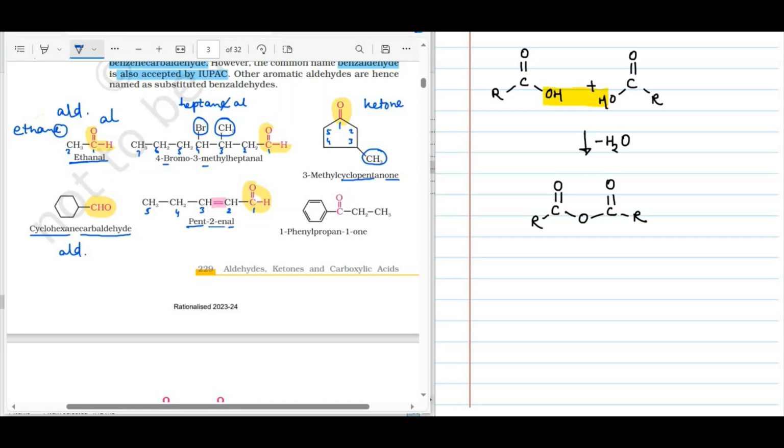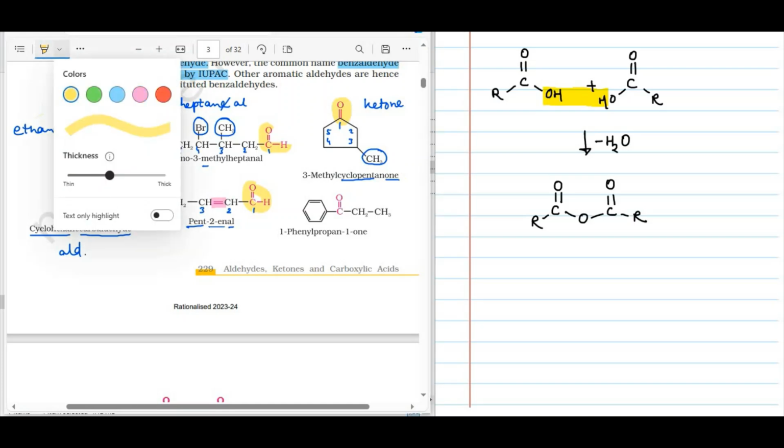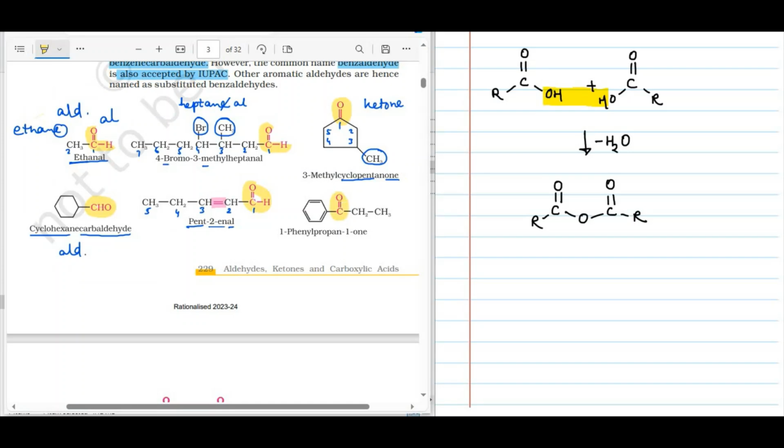Now come to the next example. First of all identify the functional group. So the functional group is ketone. To one side of this ketone, a phenyl group is there. This group is called a phenyl group, meaning benzene with one free valency. And on the other side, 1, 2, 3, a 3 carbon chain is there.